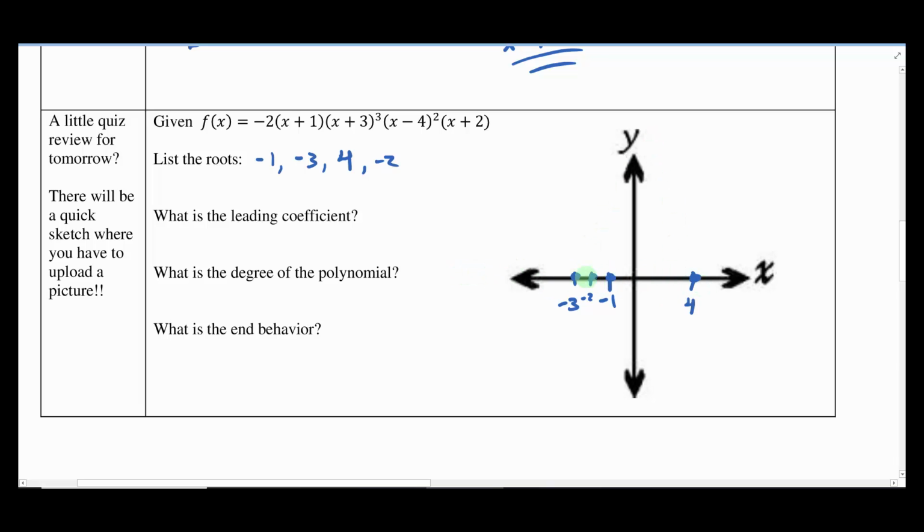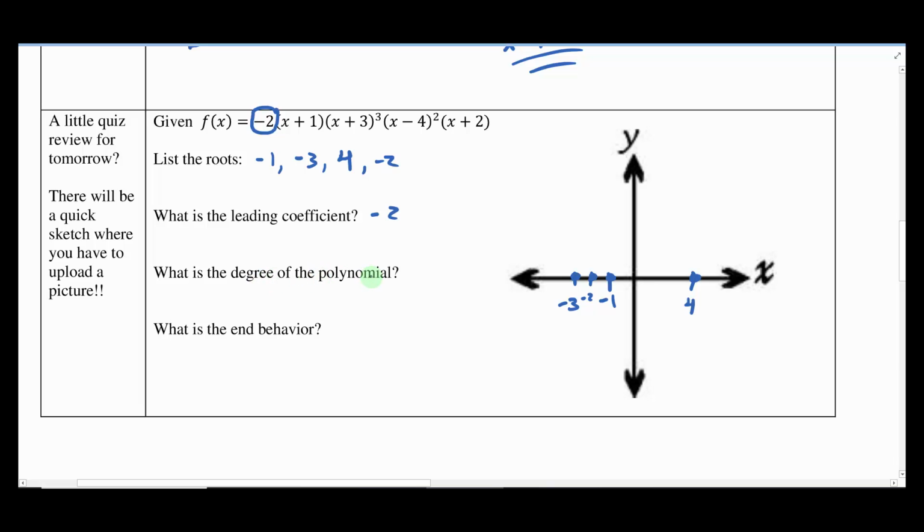All right, so now the thing I want to find next is the end behavior. So I want to know what the ends of my polynomial are doing. And to do that, I need to know about the leading coefficient and the degree of the polynomial. The leading coefficient in its factored form like this is always this number out front. So that negative 2 is the leading coefficient.